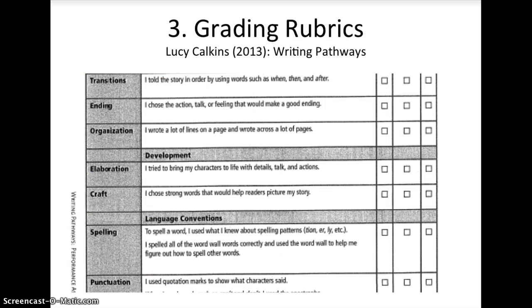The next one is grading rubrics, which is teacher directed. So for each genre study, I think what you want to consider doing is creating a grading rubric that consists of all the various mini lessons that you've taught to help them be competent towards that particular genre.